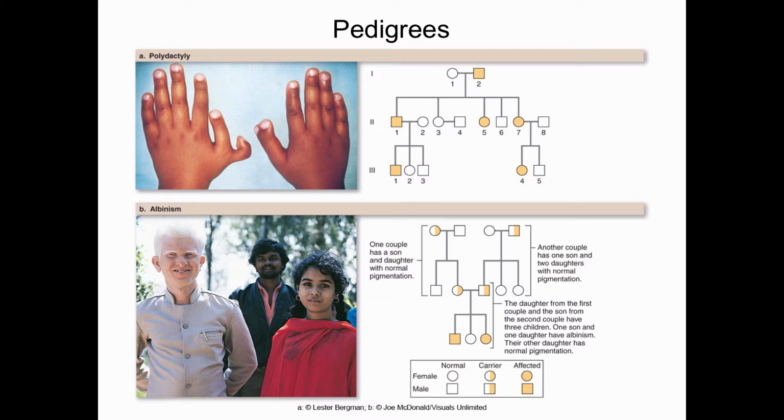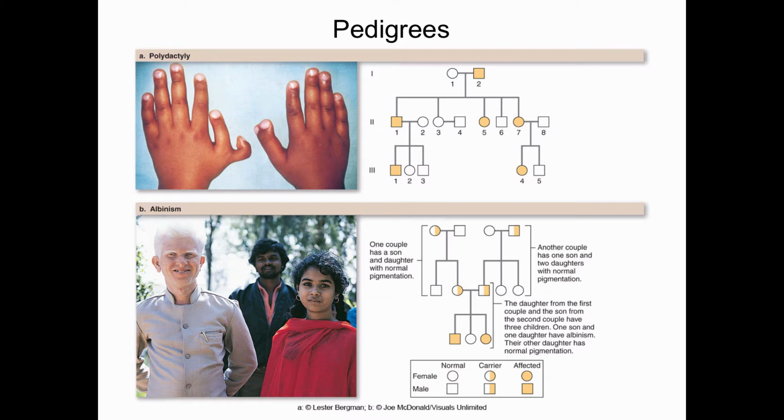On the slide here, there are two different pedigrees. The one on the top looks at a family with a condition called polydactyly, and the one on the bottom looks at families with a condition called albinism.